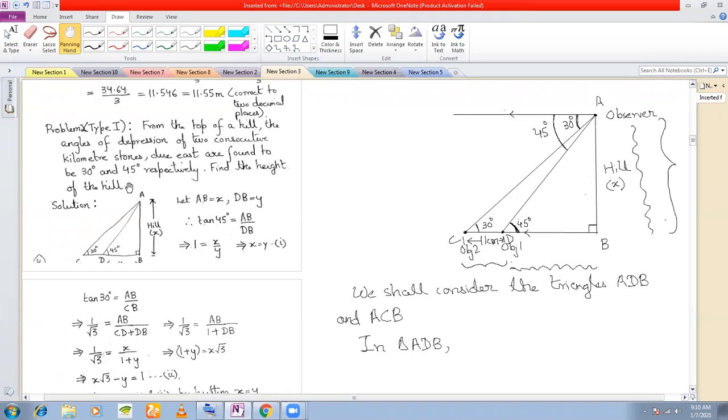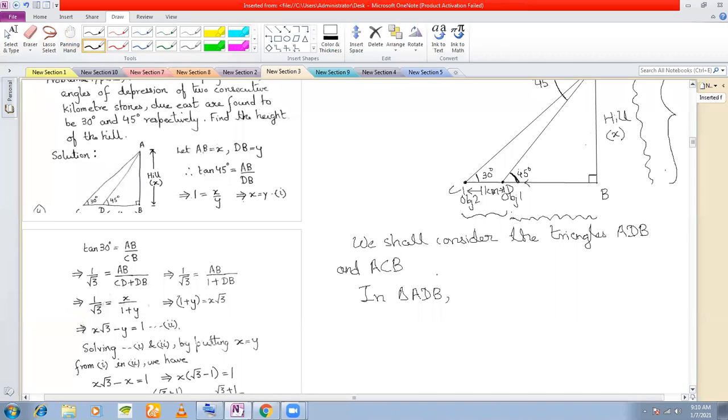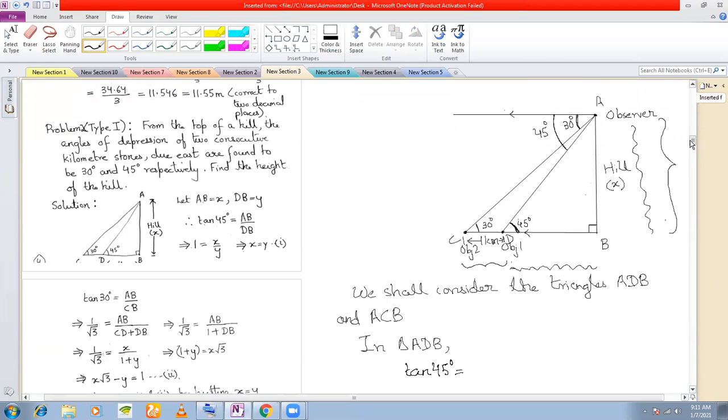This is the perpendicular and this is the base, and therefore these two are related by tan. You have tan 45 degrees equal to AB by BD.